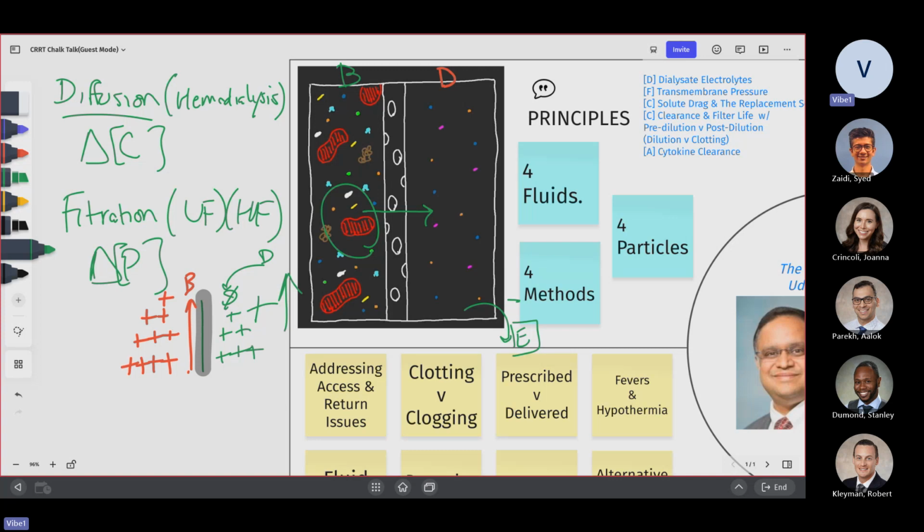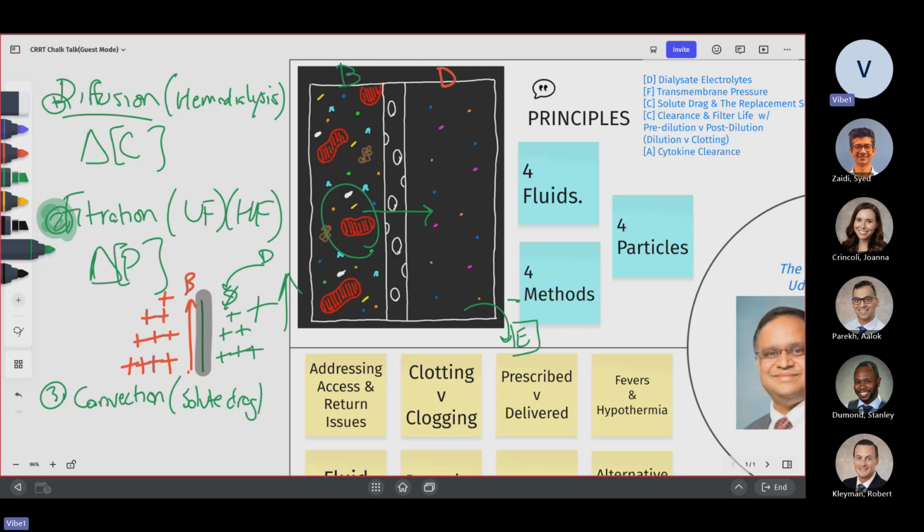And then finally, the next one that you have is convection. The term to remember here is solute drag.